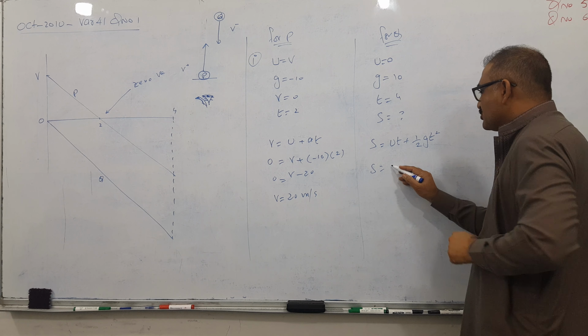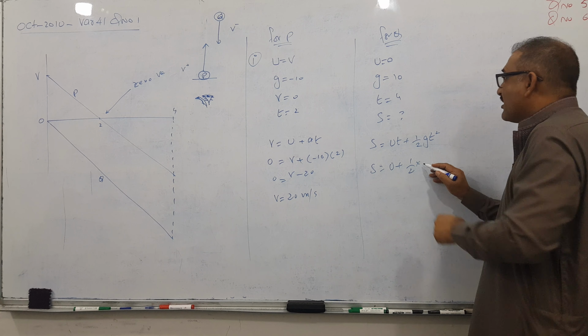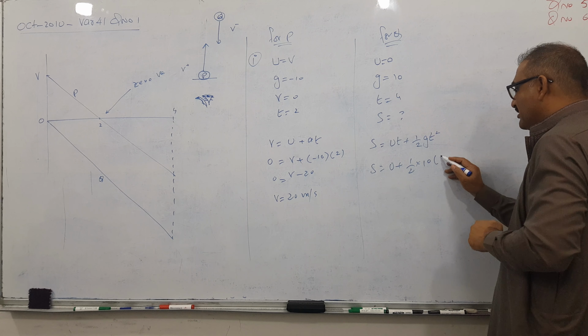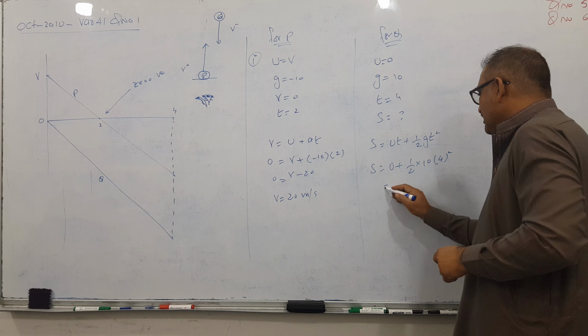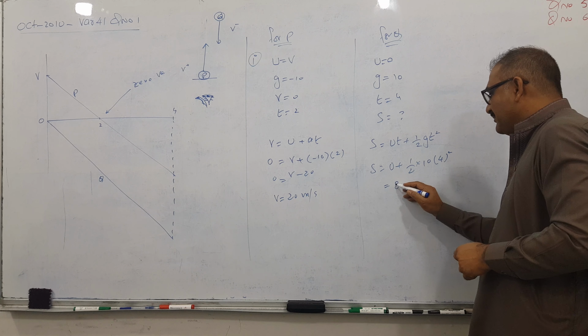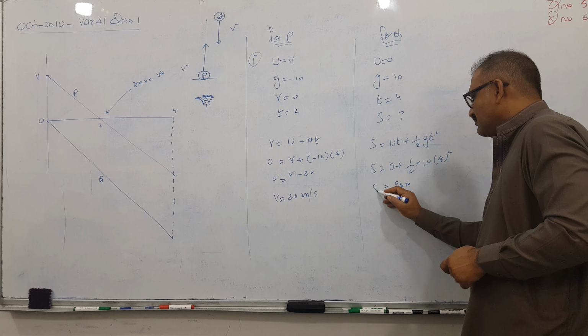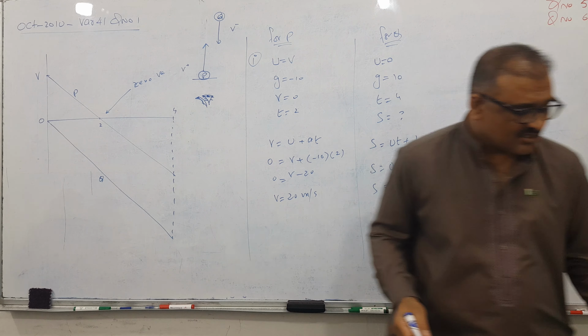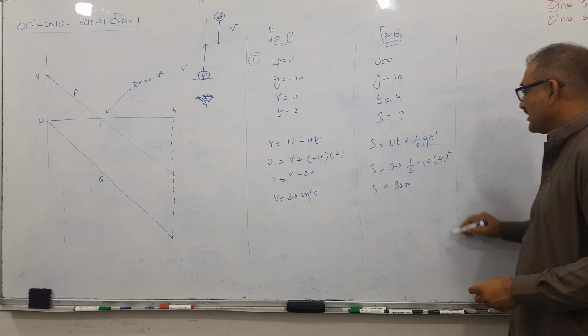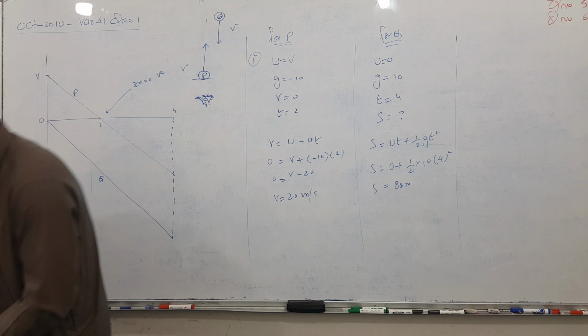U is 0, so it is gone. Gravity 10 and time is 4, so 16. So I got 80 meters. So we got the same answer, correct? Okay, this first part is over. Let's talk about the next part.